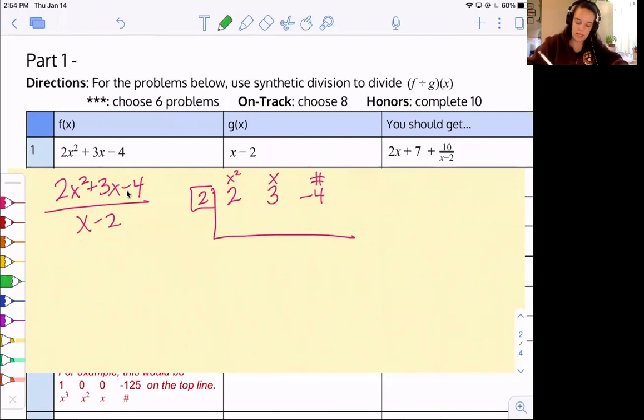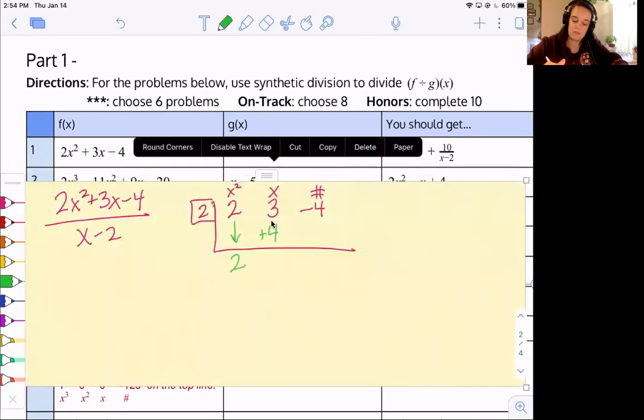I'm going to bring down this 2. I do 2 times 2, which is 4. It's +4, so I'm going to add these together. What's 3 plus 4? 7. Yeah, thanks, Emiliano.